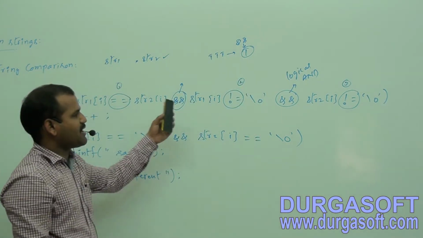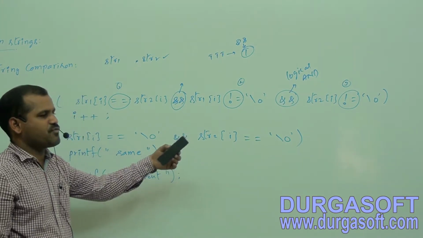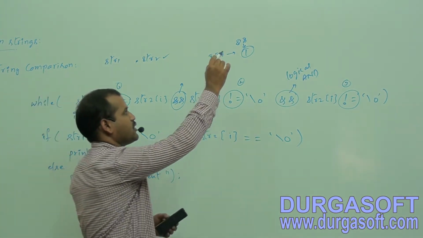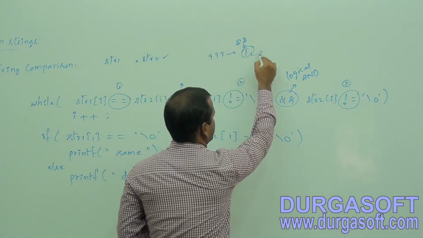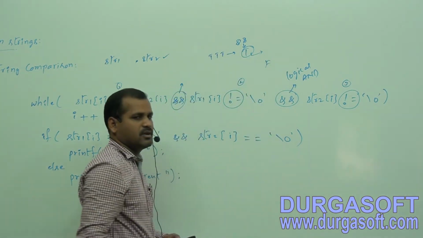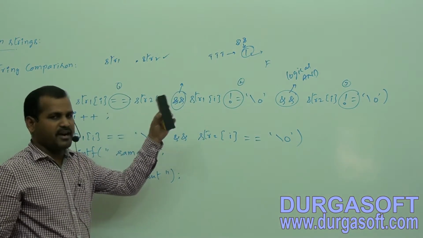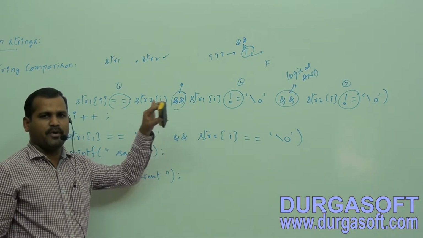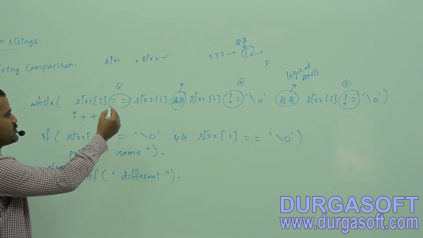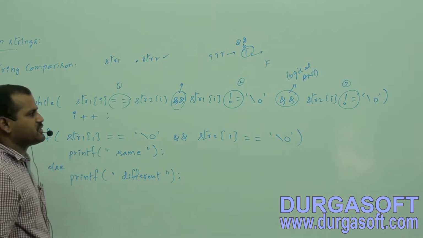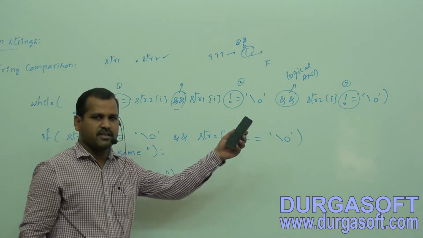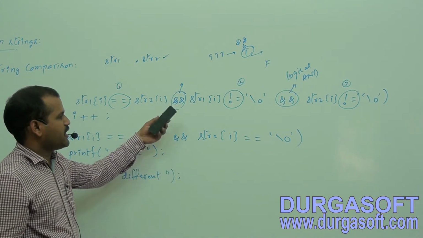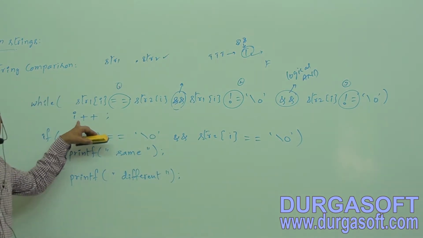If any one of these three conditions results in false, then the total logical AND result will be false. So all these three conditions should be true for the total condition in the while loop to be true. So first we have to check the individual three conditions, and if they are all true, then only the while loop executes.